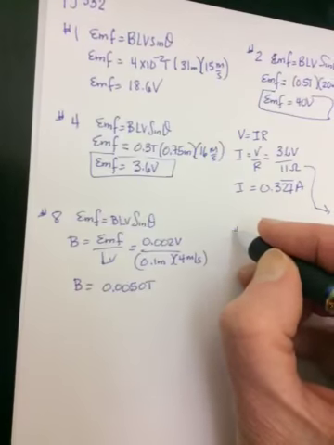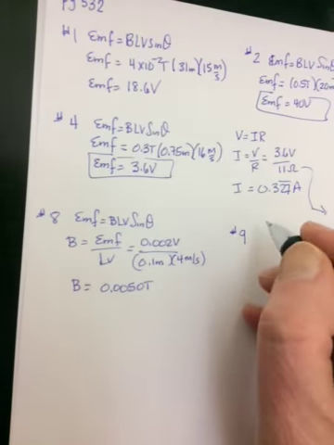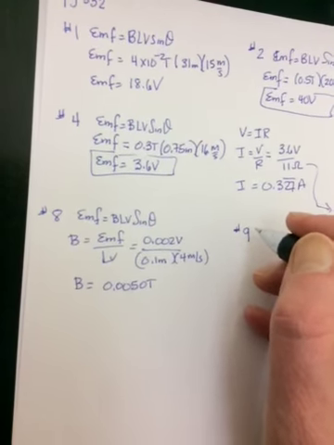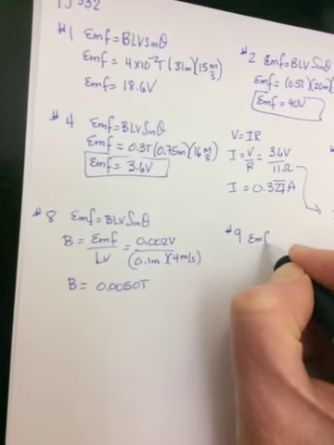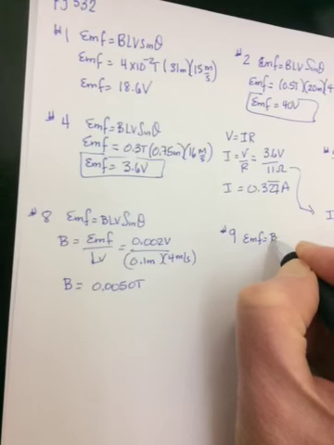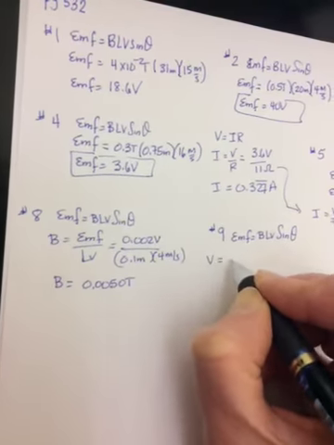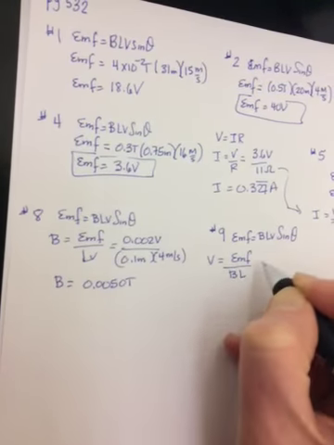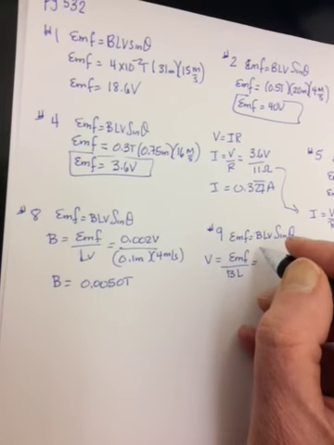And number 9 says, at what speed would a 0.2 meter length of wire have to move across a 2.5 Tesla magnetic field to induce an EMF of 10 volts? So again, you're going to need to rearrange. This time it's asking at what speed, so V is equal to EMF over BL, and again the sine theta is 1 because the theta is 90.